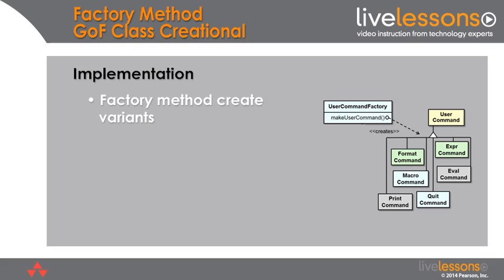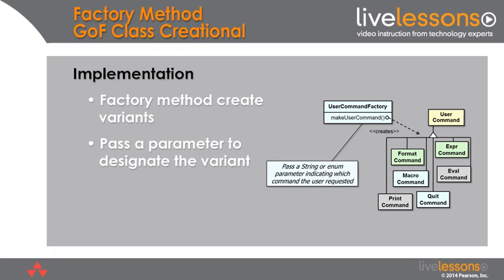If the factory method is passed a parameter to create variants, then you have to decide what type to pass. The most open-ended way to do this, of course, is to pass a string, but that ends up potentially not being type safe. Another approach is to pass some kind of enumerated parameter indicating which command the user requested. That's a bit more type safe, but it's also a bit more constraining.